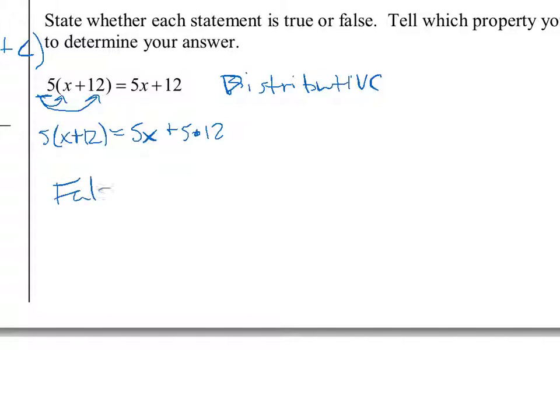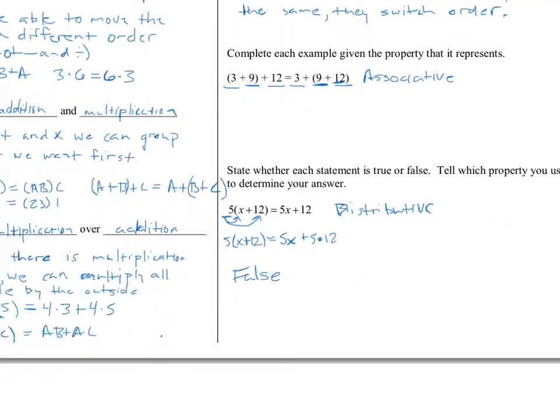So when it's false, there should be 3 things. Number 1, the property that it's supposed to be. Number 2, the correctly written statement. And number 3, the word false. If it's true, then all you have to do is tell me which property, and that it's true. Okay?